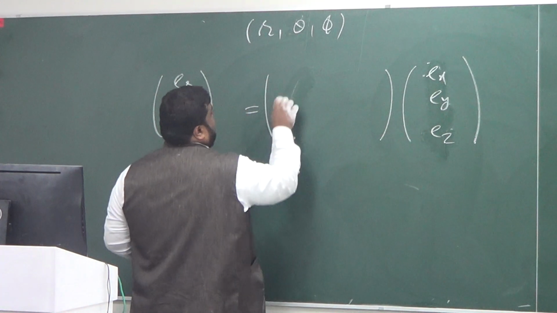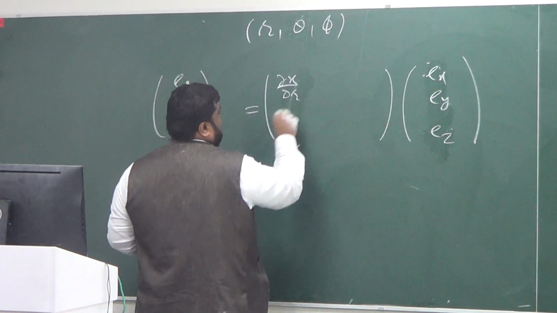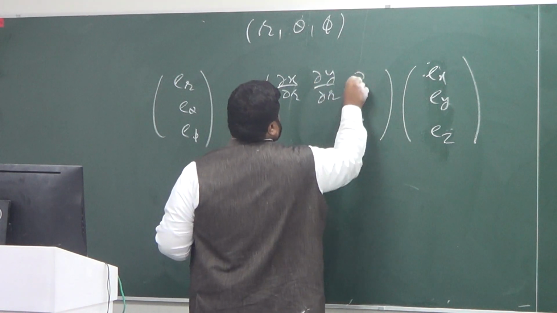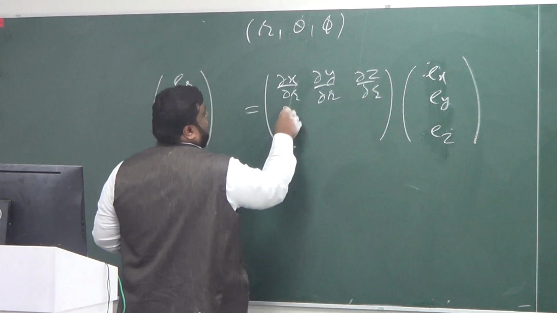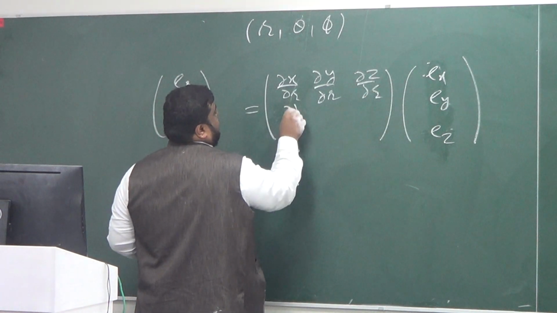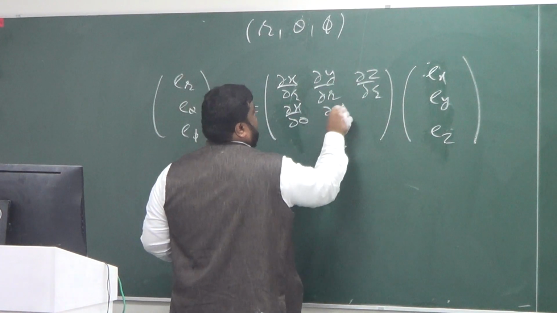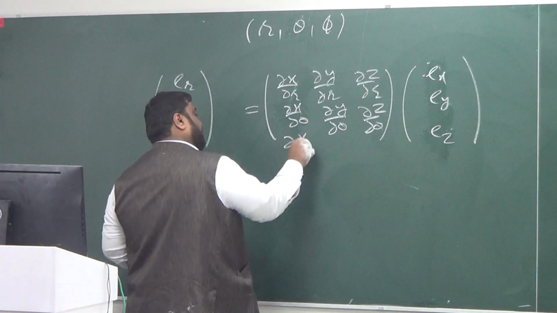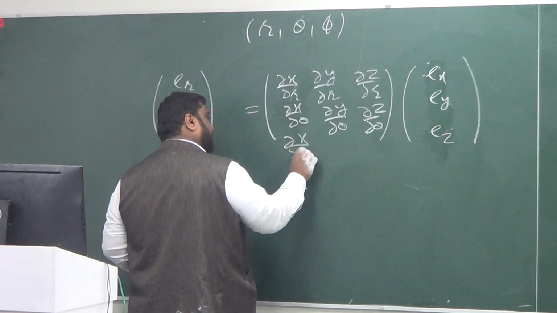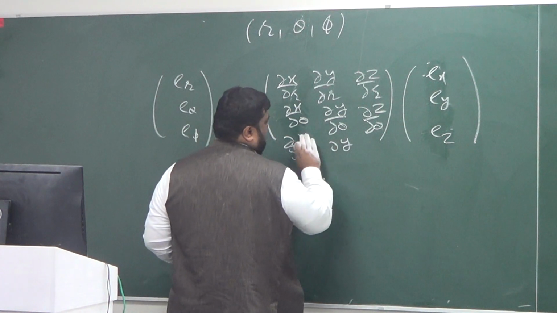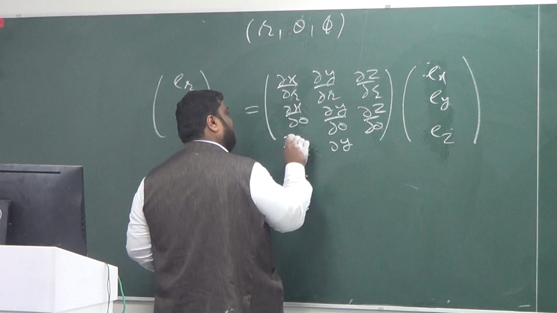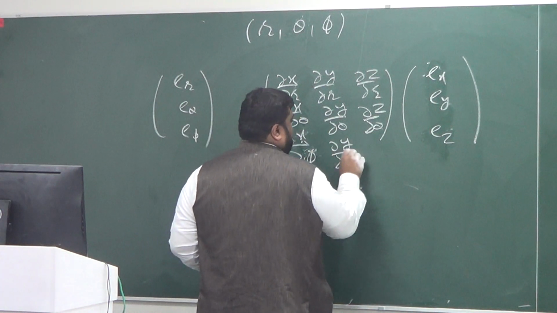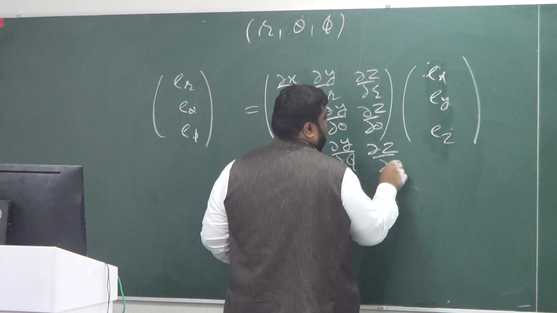The first row would be partial x by partial r, partial y by partial r and partial z by partial r; then partial x by partial theta, partial y by partial theta and partial z by partial theta; then partial x by partial phi, partial y by partial phi and partial z by partial phi.